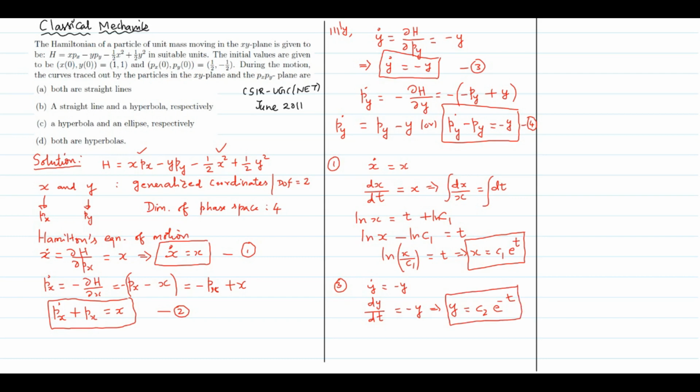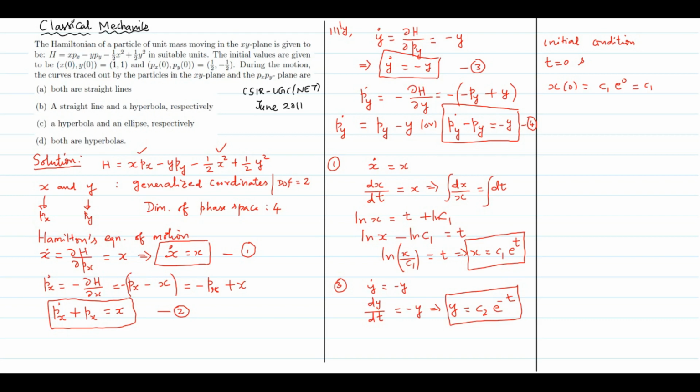Now let us substitute the initial condition. The initial condition is at t = 0 second. So x(0) is equal to c1 e power 0, which is equal to c1, because anything power 0 is 1.